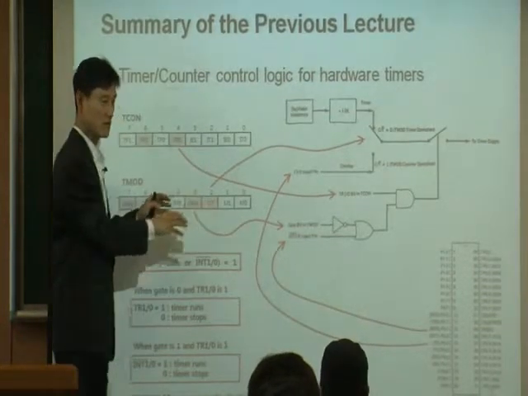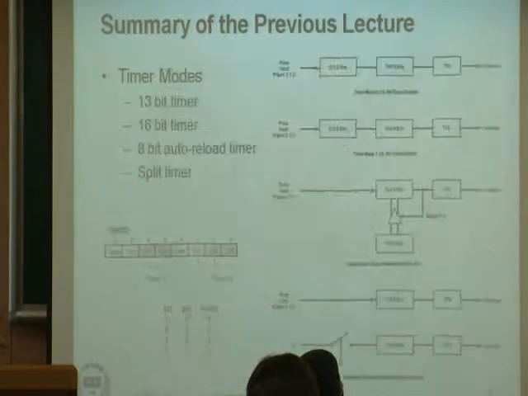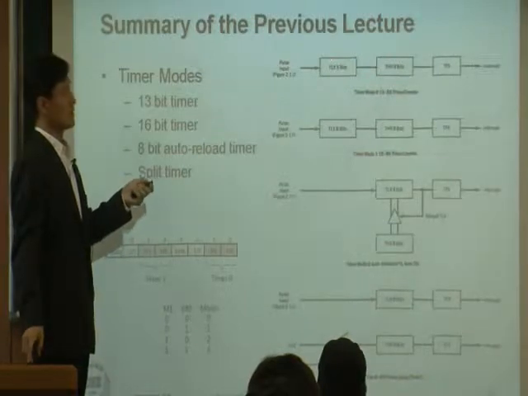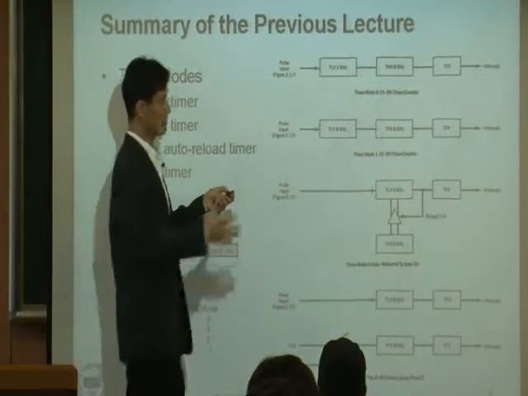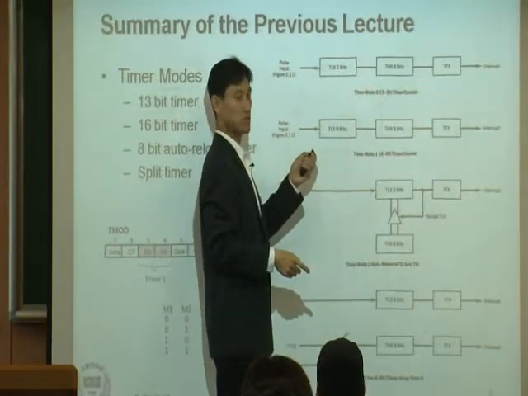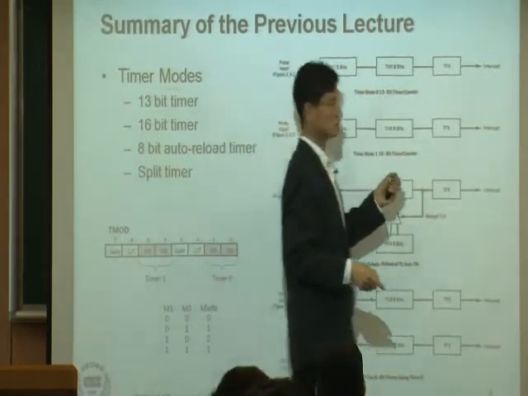What is the initial value? This value, right? How to set the initial value? Let me review it. Let's say we are using this timer. This is a 13-bit timer.